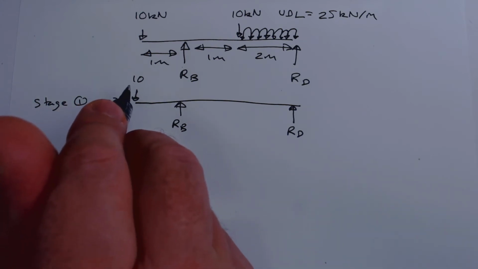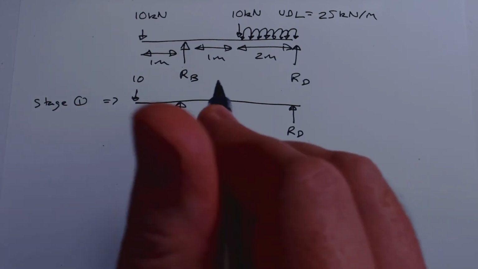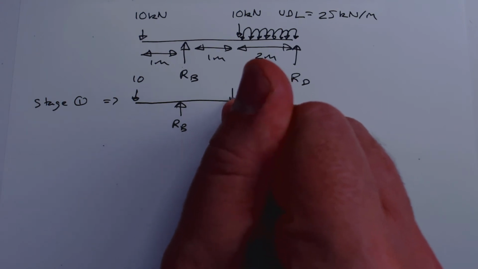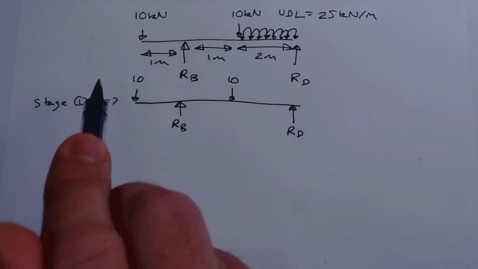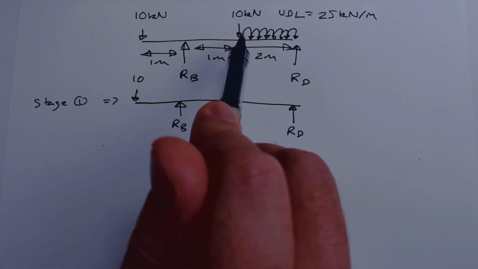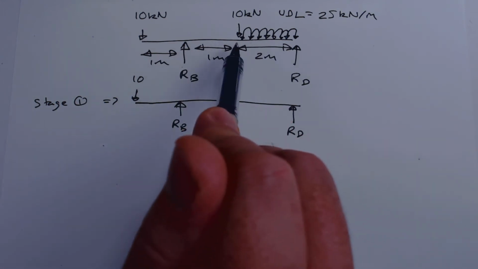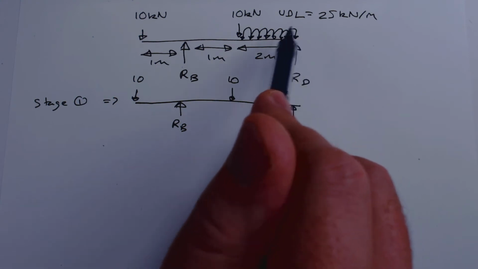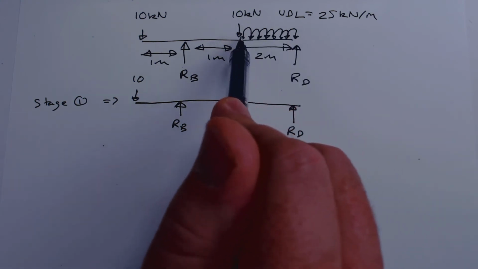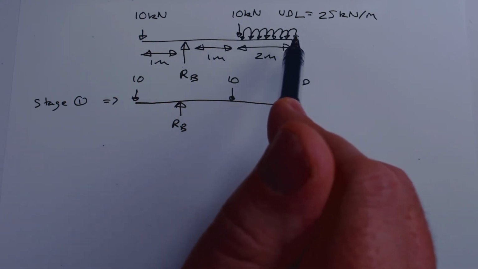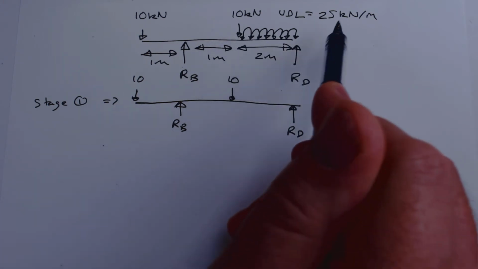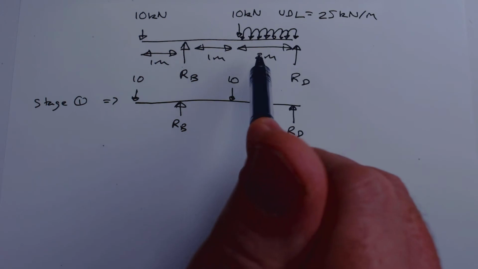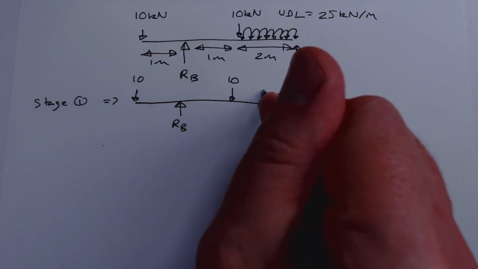I've got 10 going down there, I'm working in kilonewtons. I've got 10 going down there, I know where they are, looking at the diagram above. Here I've got 2 meters worth of this UDL, so to find the total force of the UDL is going to be 2 times 25. So 2 times 25, that's 50.